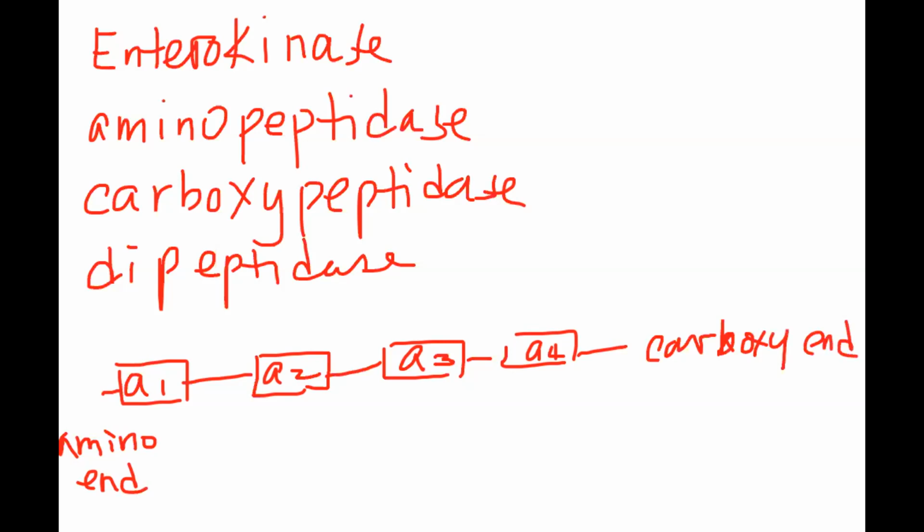Okay, so if the enzyme is breaking down the bonds from the amino end, like from here, then it's aminopeptidase. If the enzyme is breaking down the bond from the carboxyl end, then it's called a carboxypeptidase.